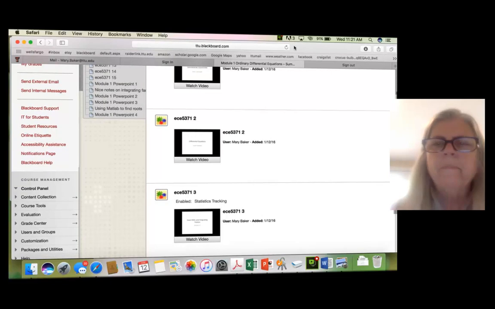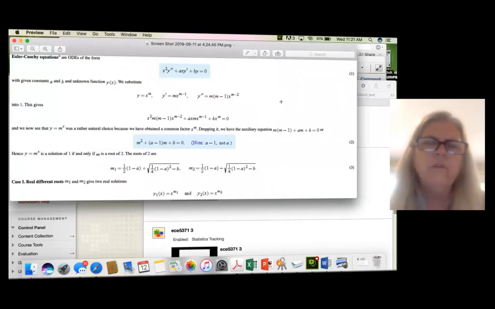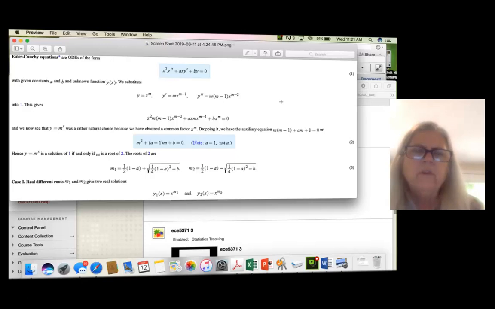So let me pull up a section from your textbook. This is from chapter 2, section 5, looking at Euler equations, because this is relevant to a couple of the homework problems.